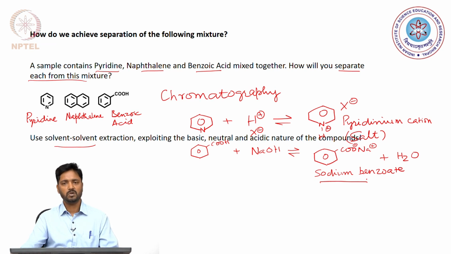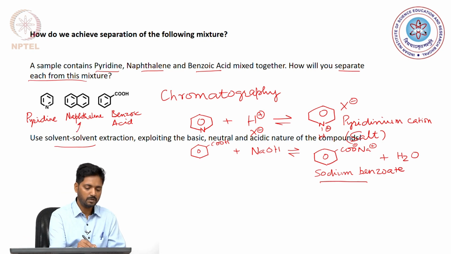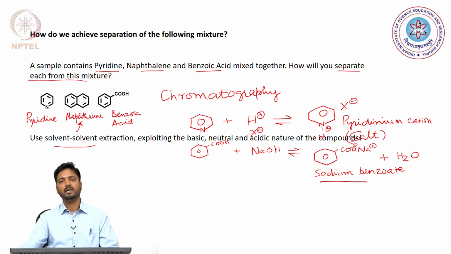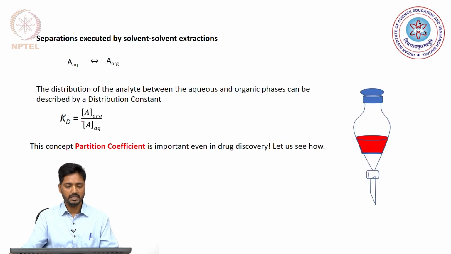Finally, in our organic medium, we will be left with the neutral compound naphthalene, because it will be unaffected by the changes in pH happening around it. This example clearly shows how solvent extraction can be effectively exploited for separating organic compounds into individual components.